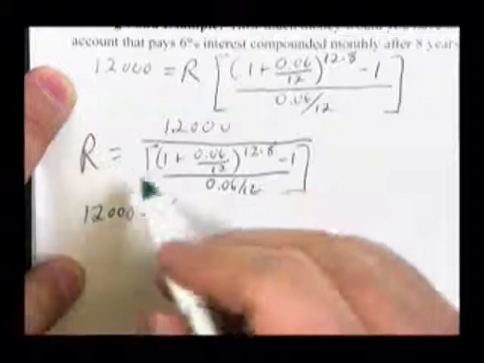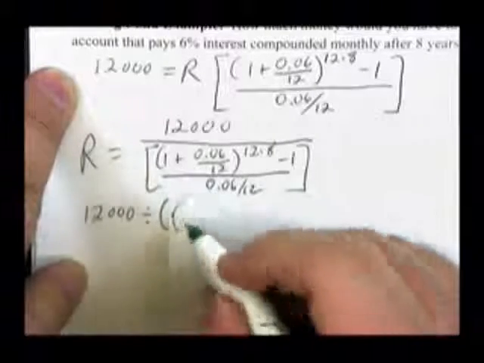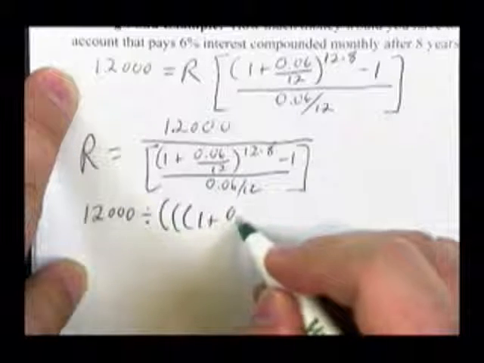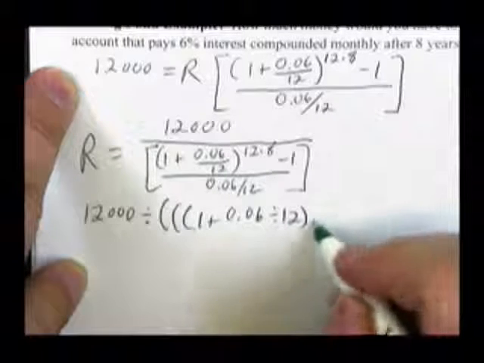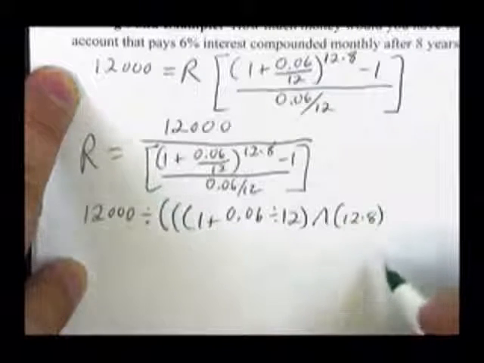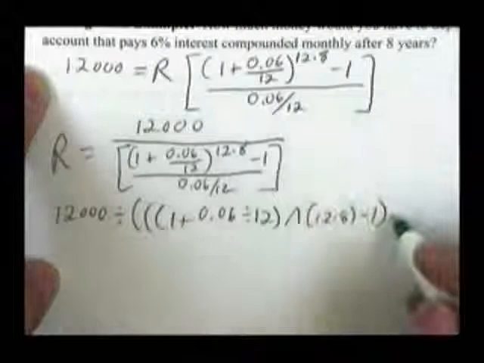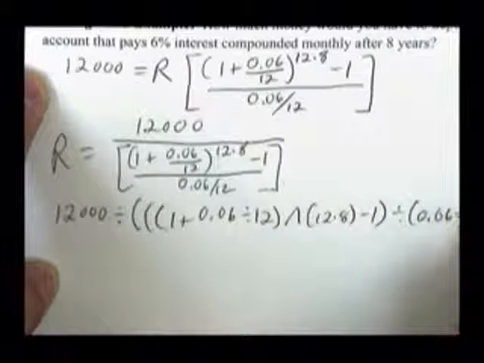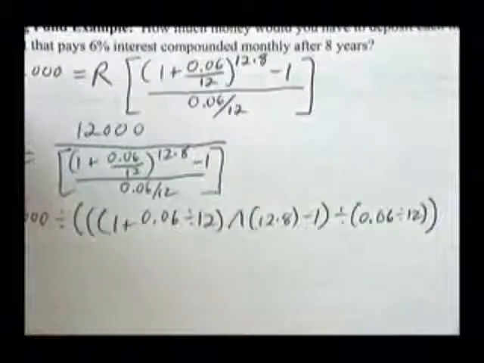I need a parenthesis around where this bracket goes, a parenthesis for the numerator, and a parenthesis for this first piece in the numerator: 1 plus 0.06 divided by 12, close that parenthesis, raised to a new parenthesis for the exponent, 12 times 8, minus 1, close the parenthesis for the numerator, divided by a new parenthesis for the denominator, 0.06 divided by 12, close the parenthesis for the denominator, and then close the parenthesis for the bracket.